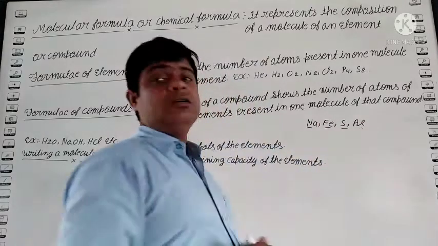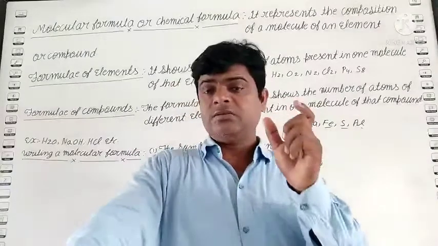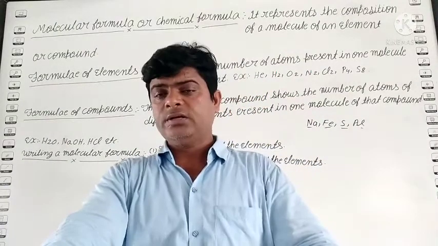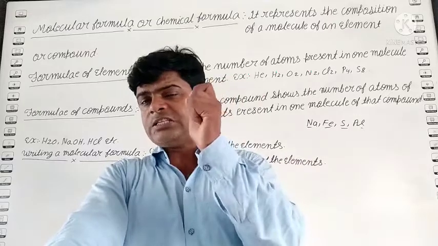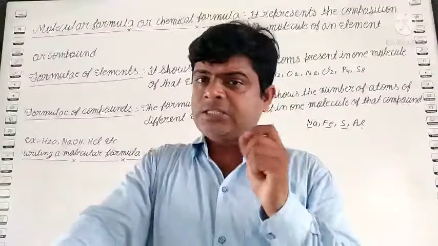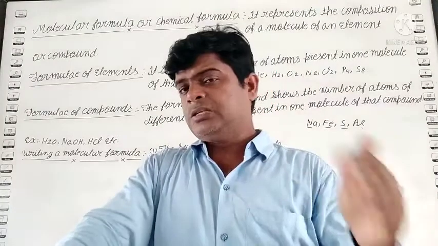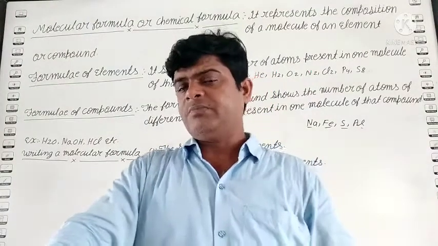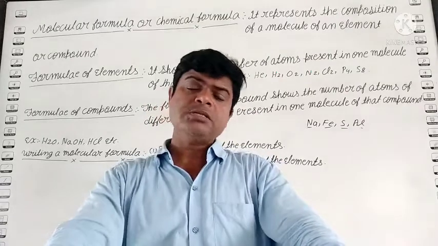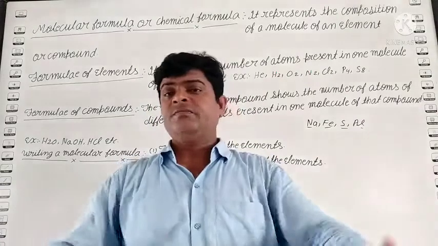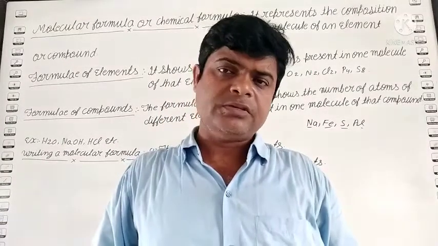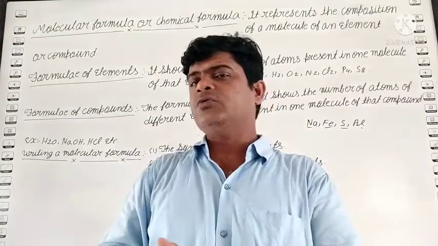If you take a single piece of aluminium and keep dividing it, 1 to 2, 2 to 4, 4 to 8, at last you get a very small particle, and its properties are the same as the properties of the big piece. Similarly, a compound is also a pure substance, made of two or more different types of atoms in a fixed ratio. They are chemically bonded to each other.